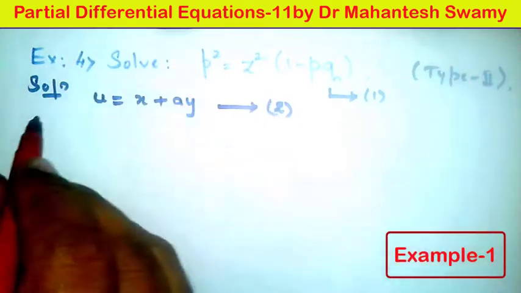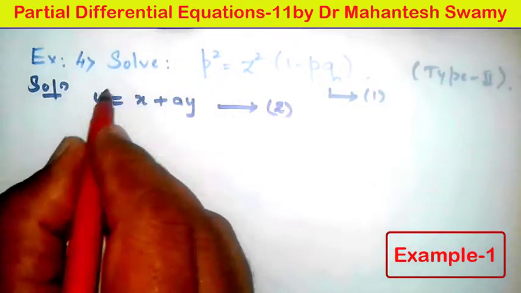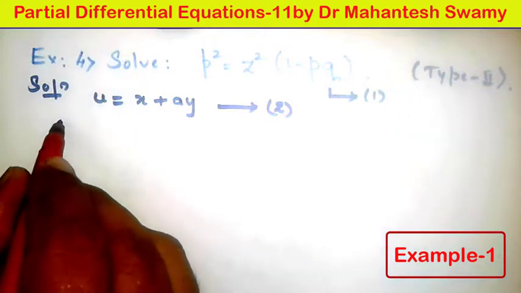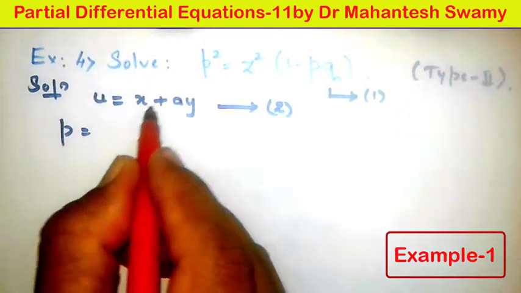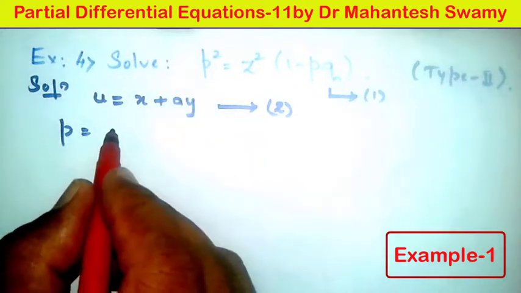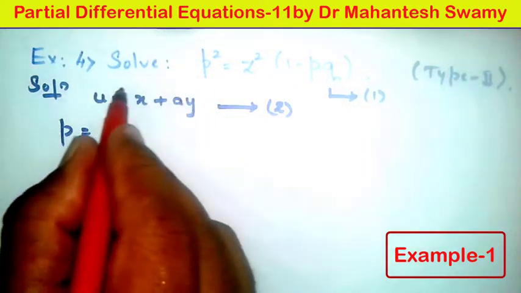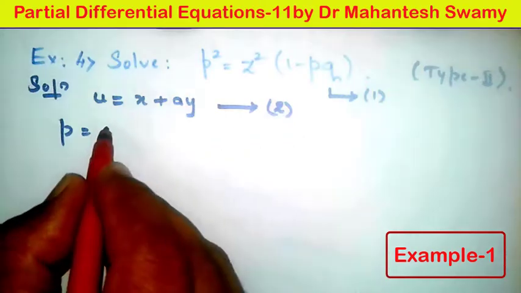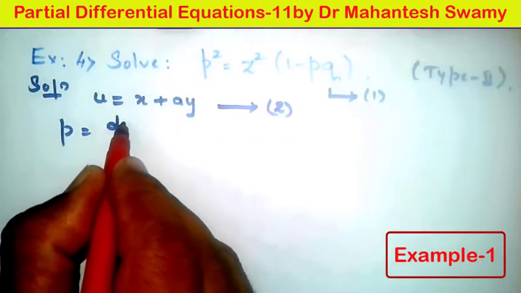If this is the substitution we consider, it gives us the value of p, which is in fact dou z by dou x. The value of dou z by dou x, by making use of the chain rule and expression number 2, becomes dz by du.